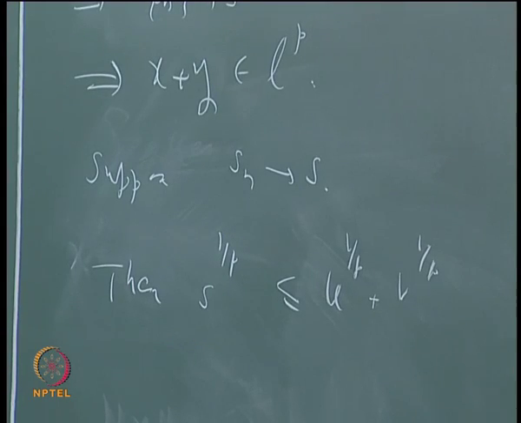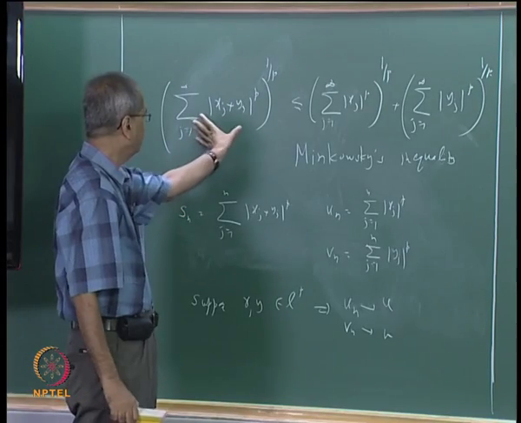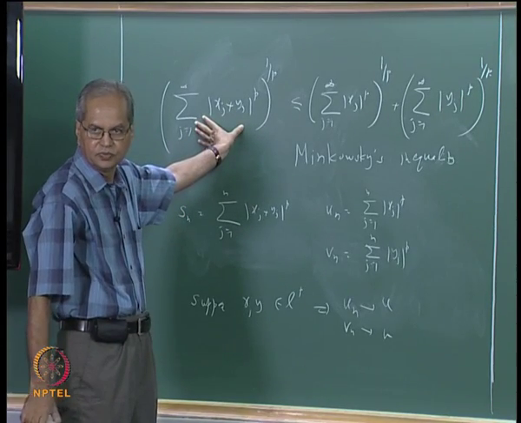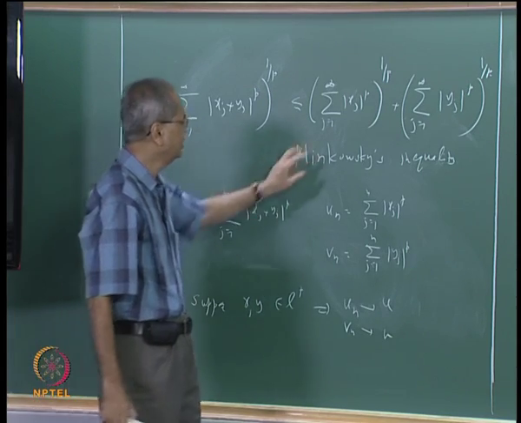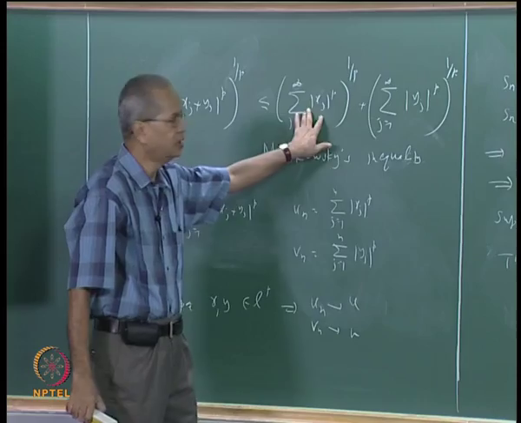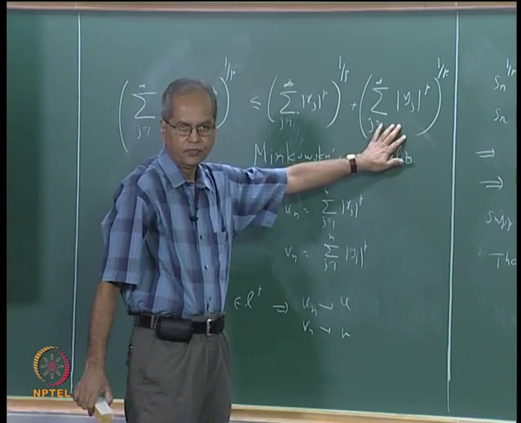But that is same as this, because whatever you have here in the bracket, that is s, because Sn converges to this number, that is the sum of the series. Similarly this is u, and that is v.